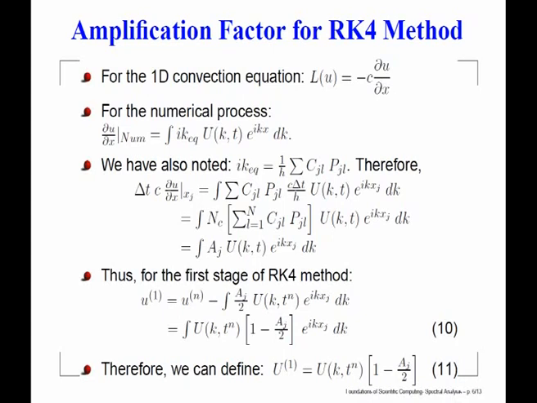So, I could write u of 1 as some kind of a Fourier amplitude capital U of 1. That capital U of 1 is nothing but u k evaluated at t n times this 1 minus A j by 2. So, this is the way that I will describe the first intermediate solution, either in terms of 10 or in terms of its Fourier amplitude by this expression 11.